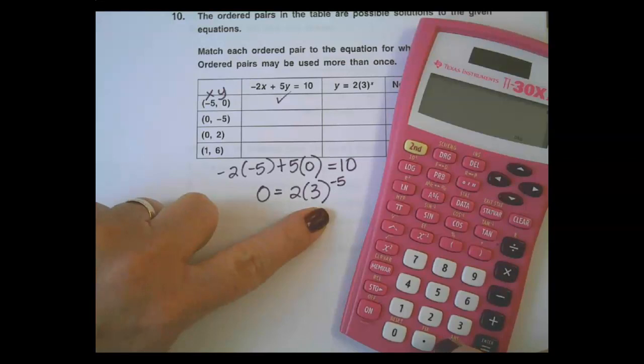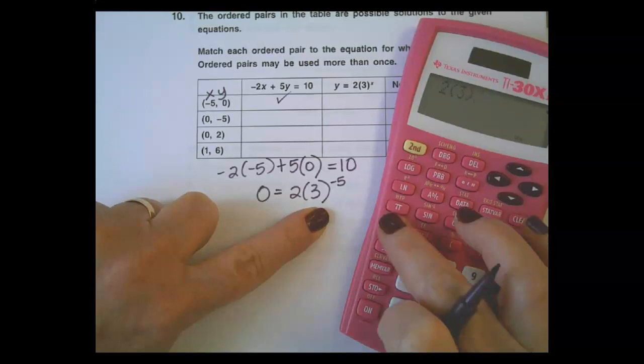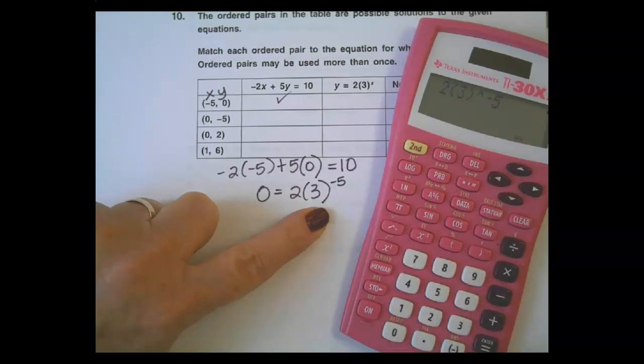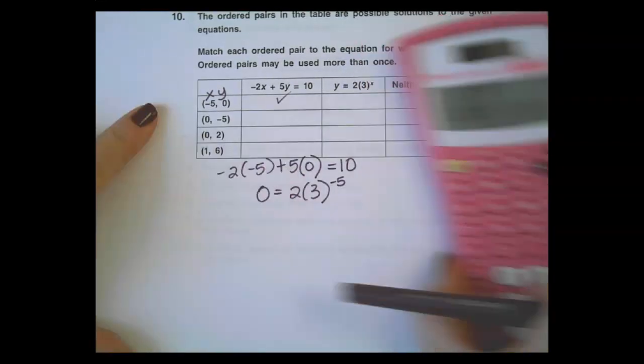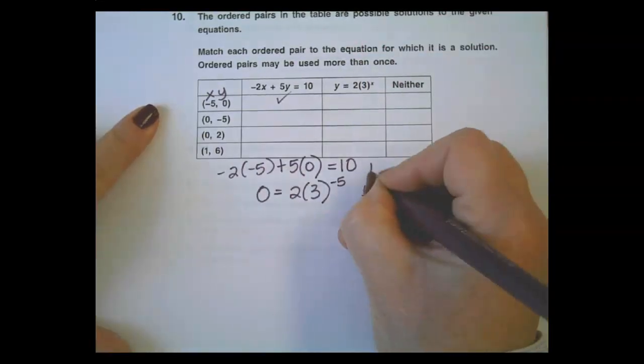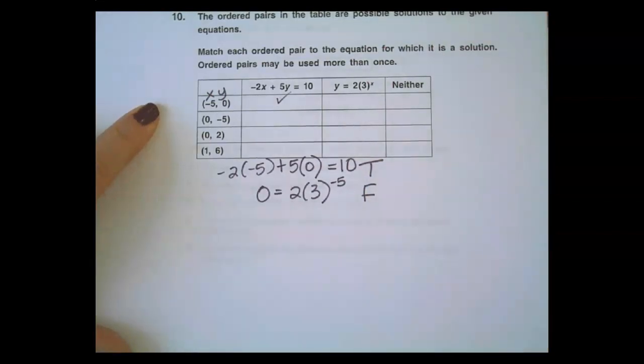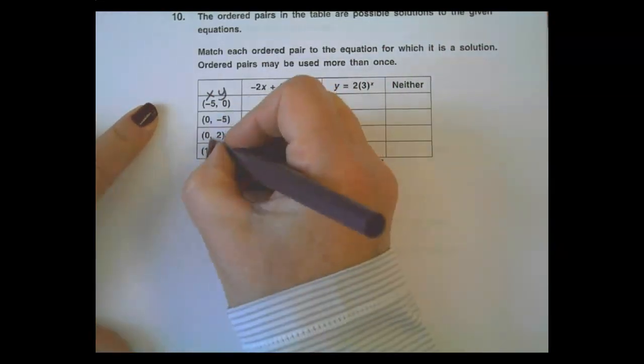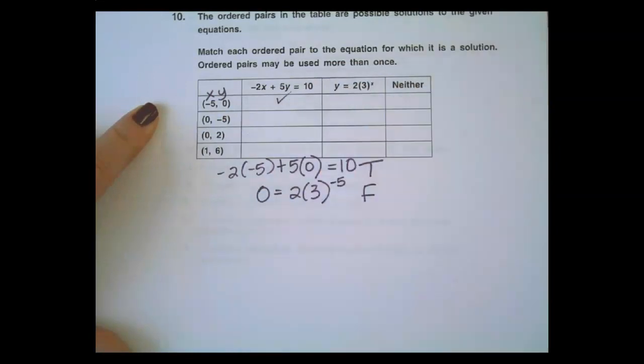So 2 parentheses, 3 parentheses, caret key -5, because it's my exponents. Does that equal 0? It does not. So that would be false. This one was true. So I wouldn't mark anything. So you are substituting these values here to see if they're true, if they are a solution.